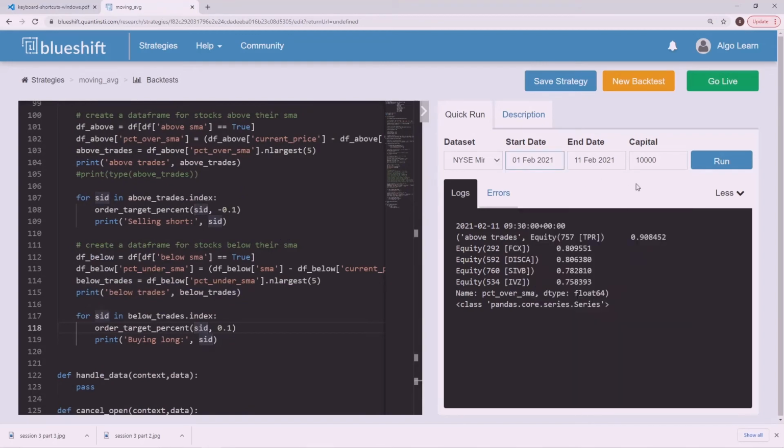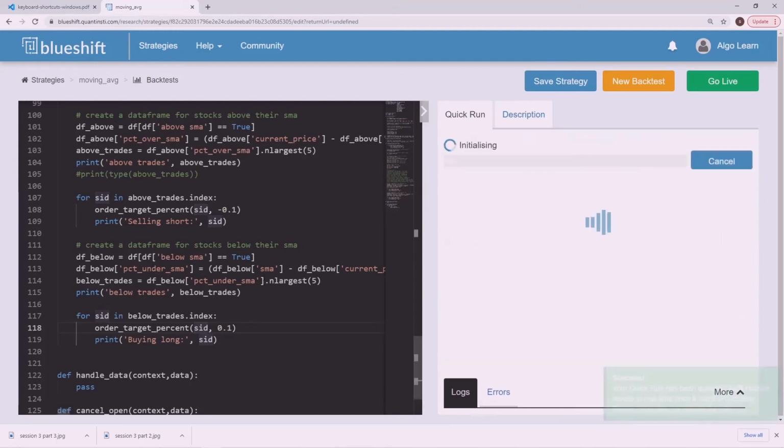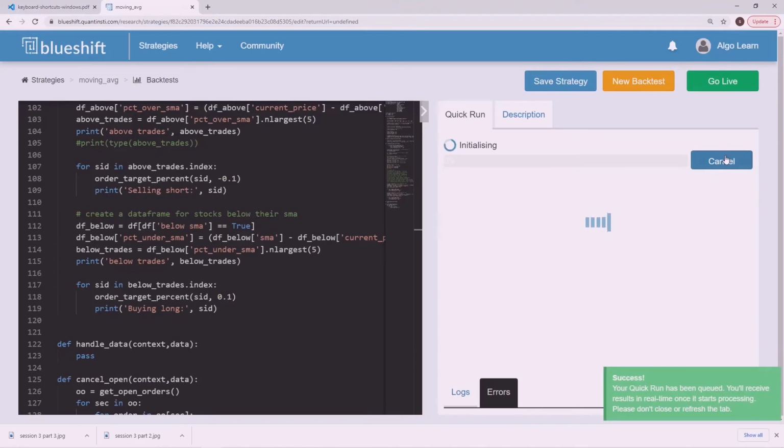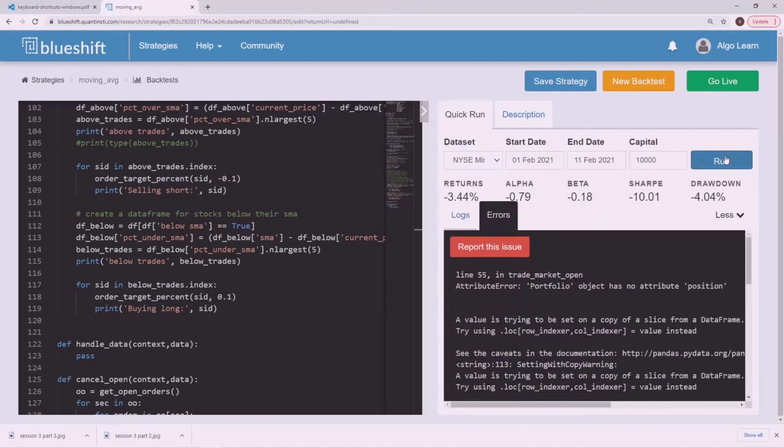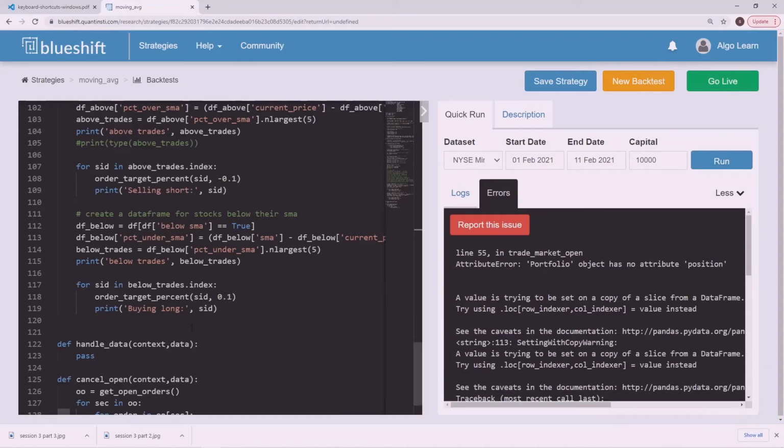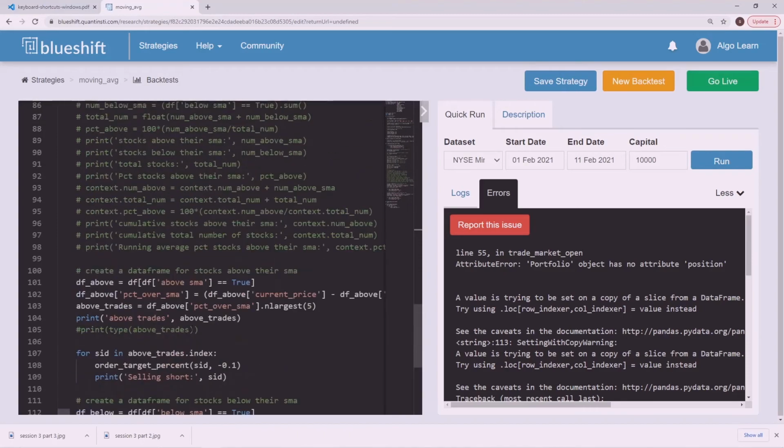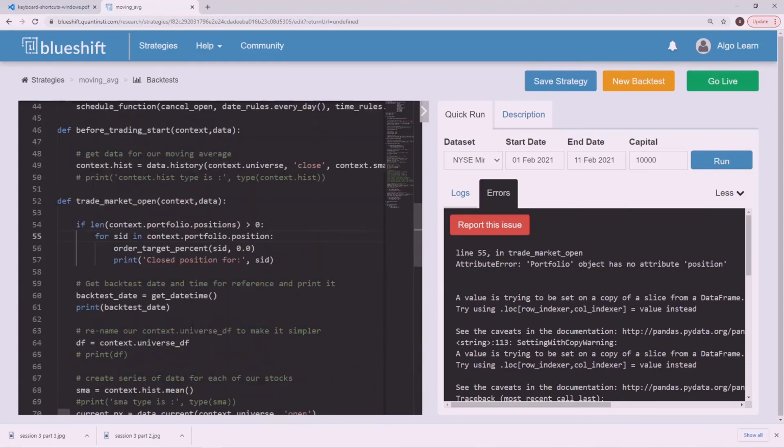Let's go to the 1st of February and run this. All right, let's see how this turns out. Oh, syntax errors. Line 55. Let's go to line 55. Oh, okay. Forgot the S.